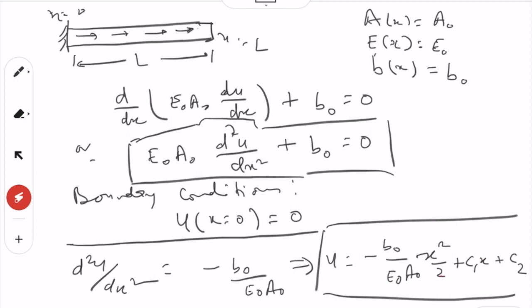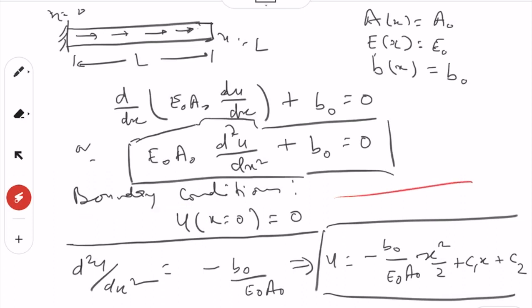Now, at the end, if you see, there is no stress, sigma. When we do the finite element analysis, we will see that we actually do not need to write this in terms of boundary conditions.